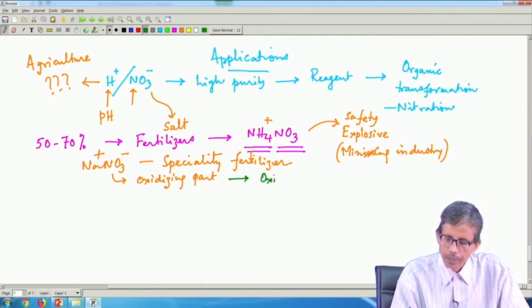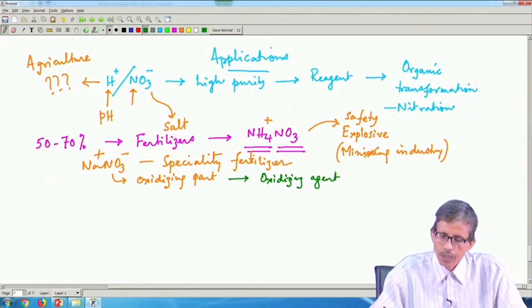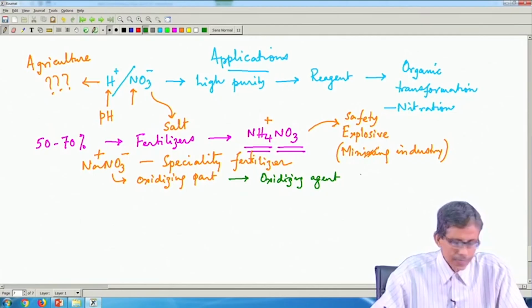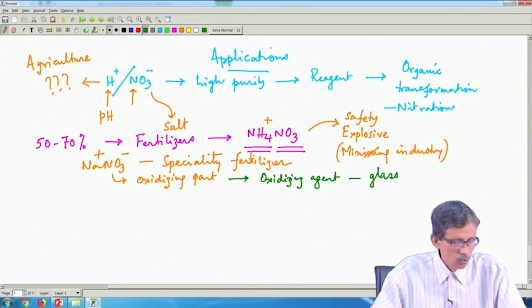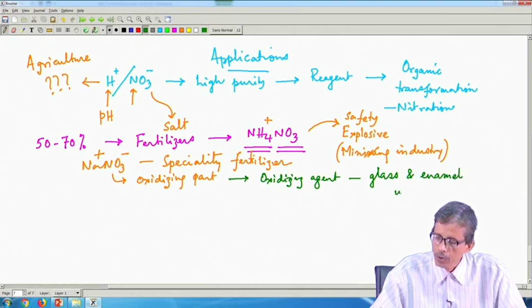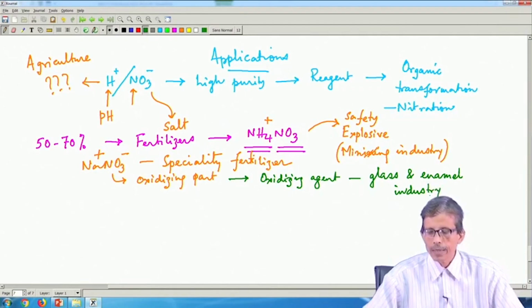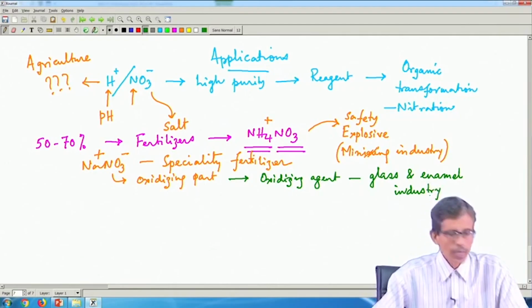So, it can be a very good oxidizing agent in the industry which is devoted to glass making and enamel making. So, in the glass and enamel industry, these are utilized as a typical oxidizing agent.